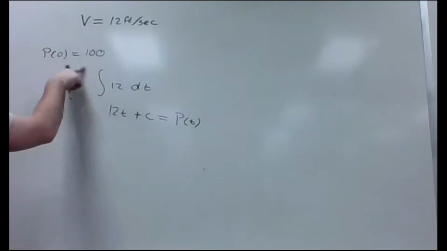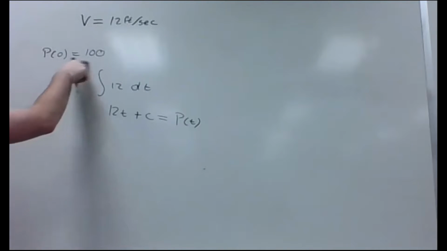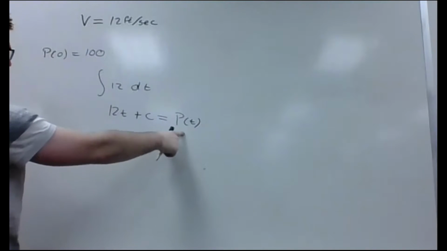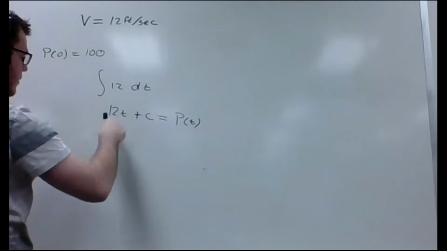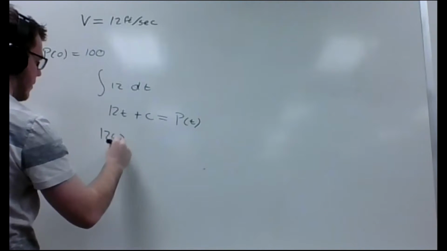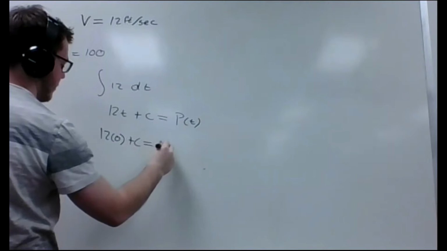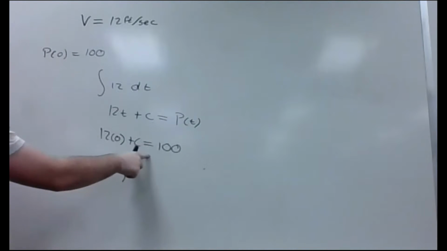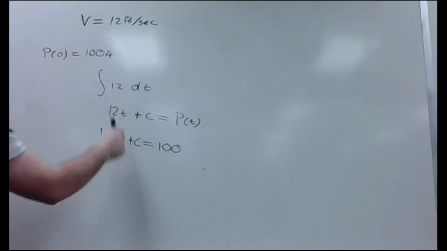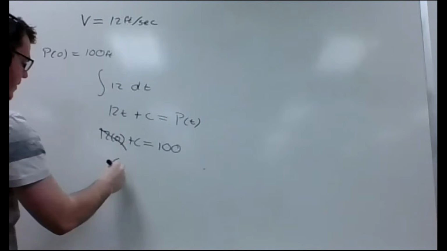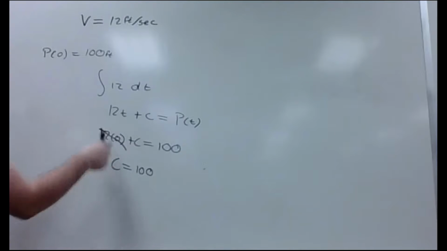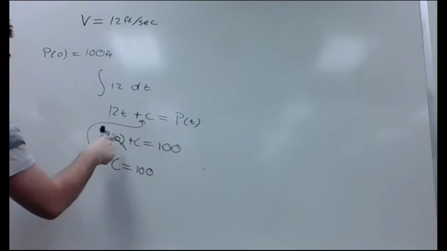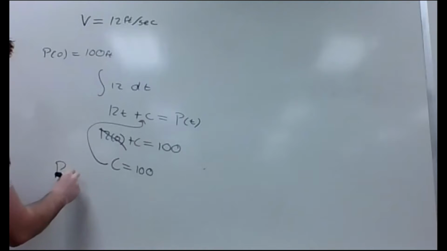And then we use our initial value point. We know that when t equals 0, our position is at 100 feet. And so now we know what our c is. Then we can replug this c back into our equation and come up with the actual position function.